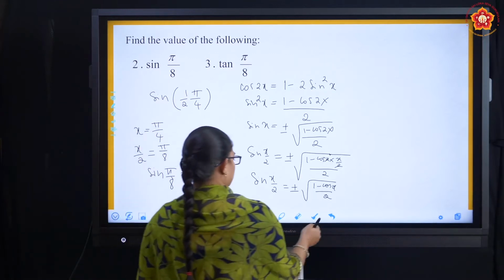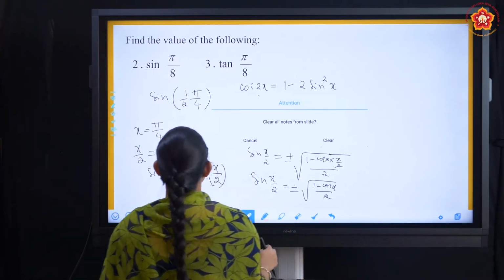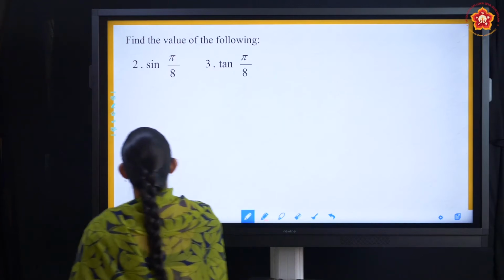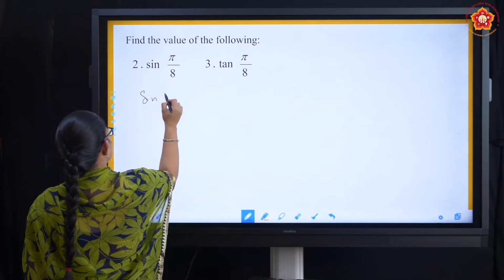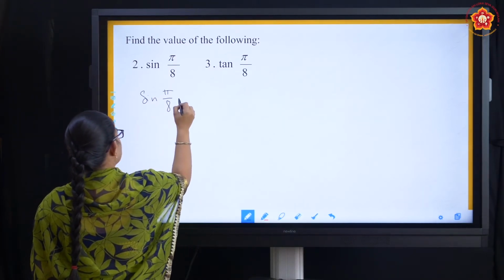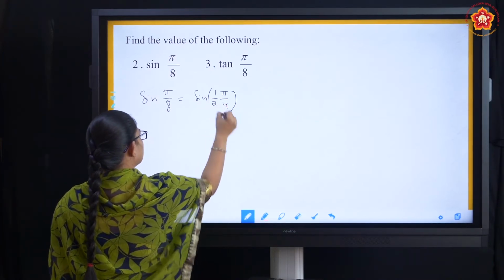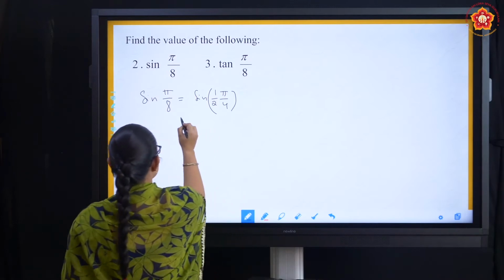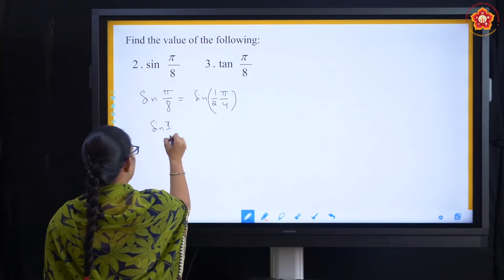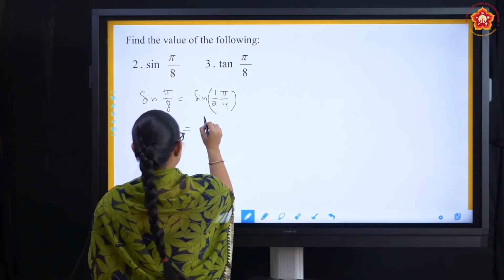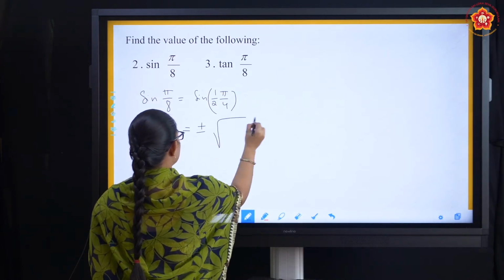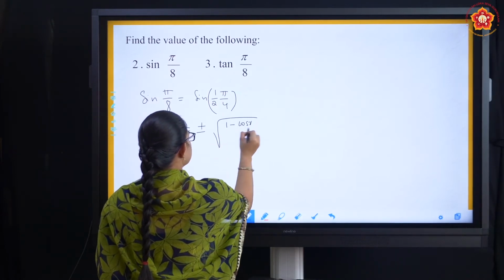So I can substitute that formula here. So I have now sin pi by 8, that is nothing but sin of half into pi by 4. I am using the sin x by 2 formula for this, that is plus or minus square root of (1 minus cos x) by 2.